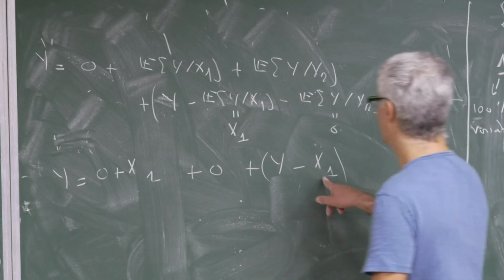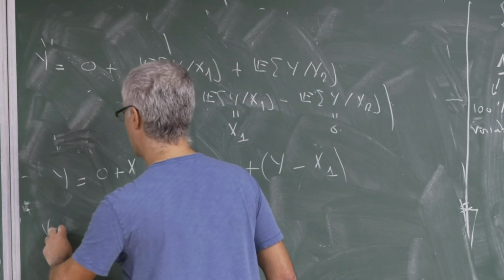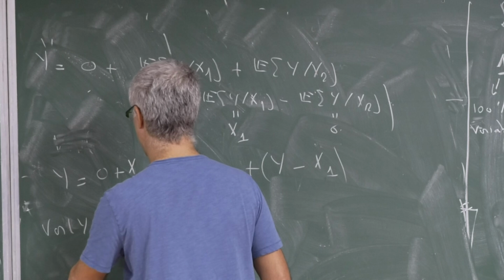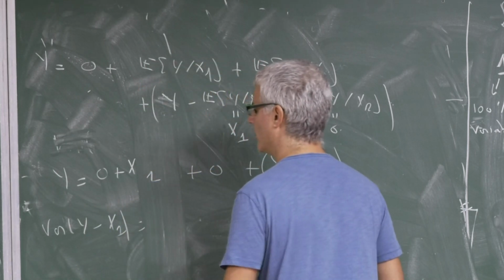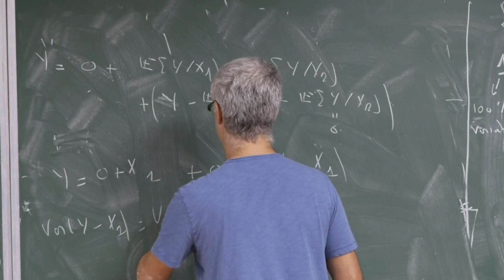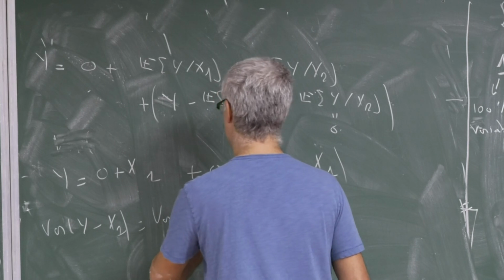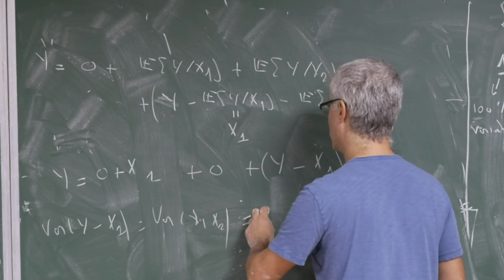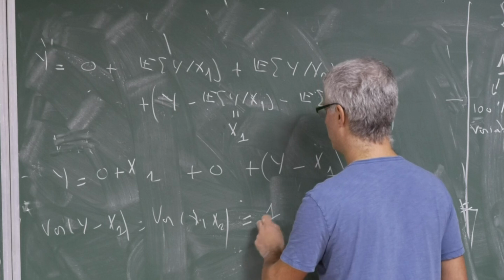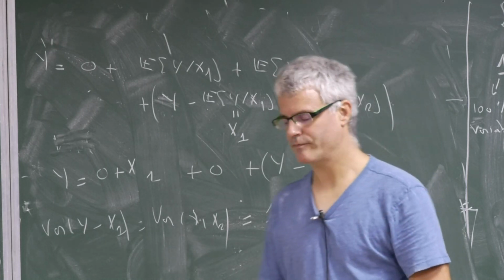So I have to compute the variance of y. It's just the variance of x1 x2, so that would just be 1, obviously.